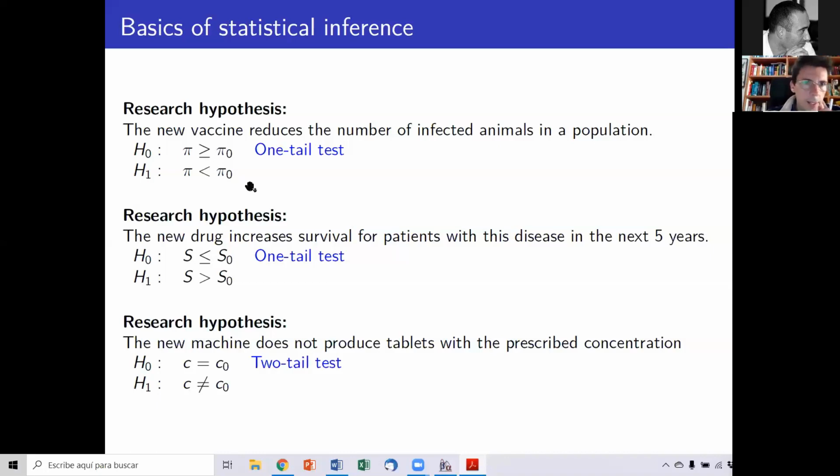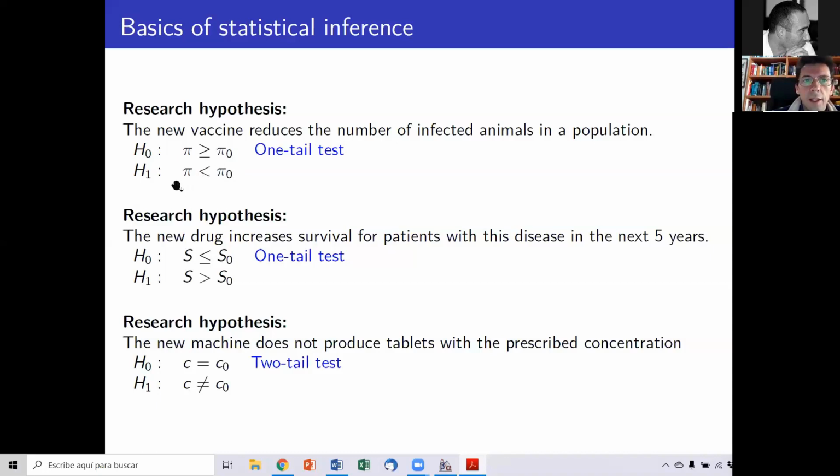Let's say you are researching new vaccines and you want to show that the new vaccine reduces the number of infected animals in the population. The standard infection rate is, I don't know, 5%, and you want to show that if you vaccinate your animals, the new infection rate is lower than 5%.